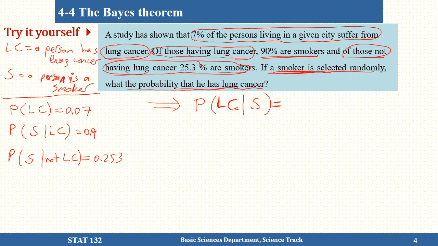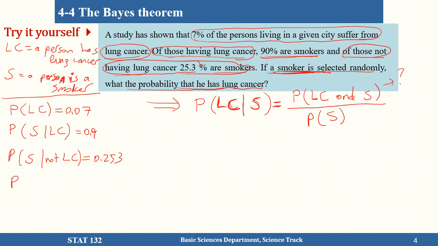The conditional probability of lung cancer given smoker, you can write using the conditional probability rule. This is the probability of a person having lung cancer and being a smoker, divided by the probability of being a smoker.